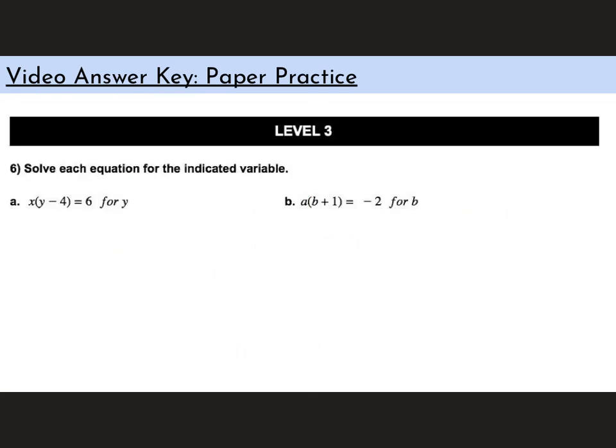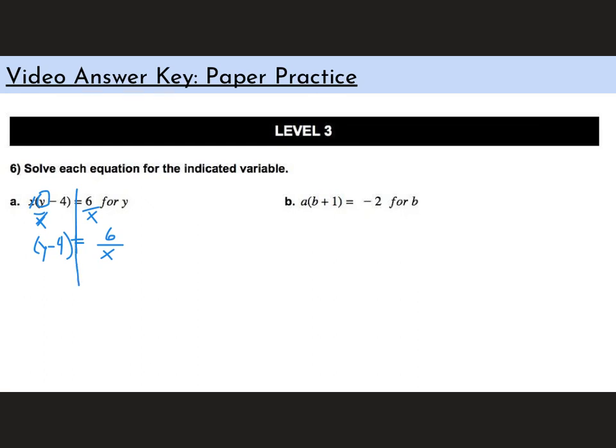And 2 level 3 problems and we're done, you guys. So here we go, we're going to solve for y. So first thing is we need to get rid of this times x on the outside that's kind of keeping our parentheses stuck. And to get rid of a times x, we'll divide by x. So now we'll have y minus 4 equals 6 divided by x.